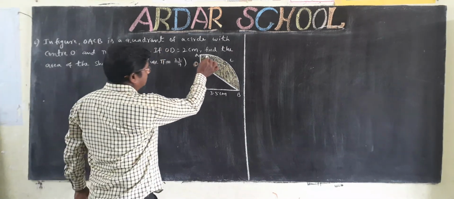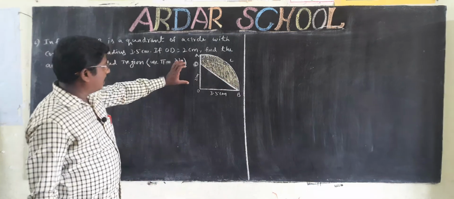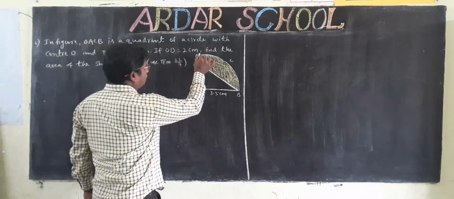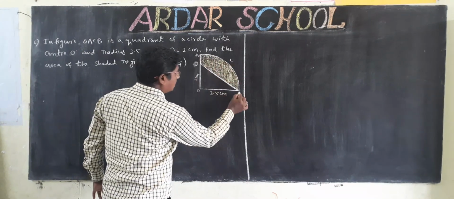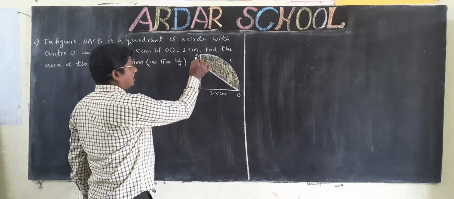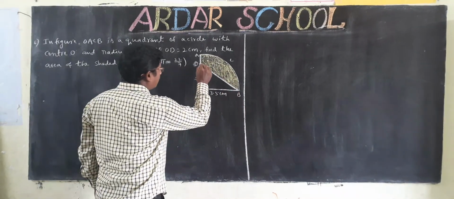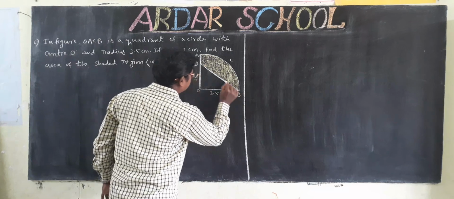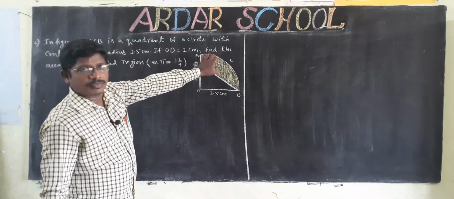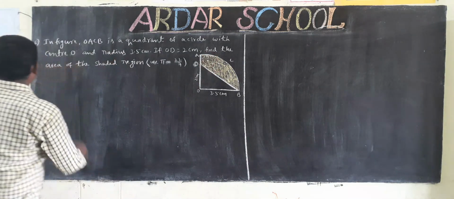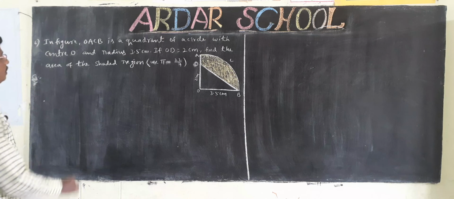This is the shaded region. How to get the area of the shaded region? Observe the diagram. The area of sector OACB minus the area of triangle OBD, then we get the area of this shaded region. So first of all you have to write what is given.